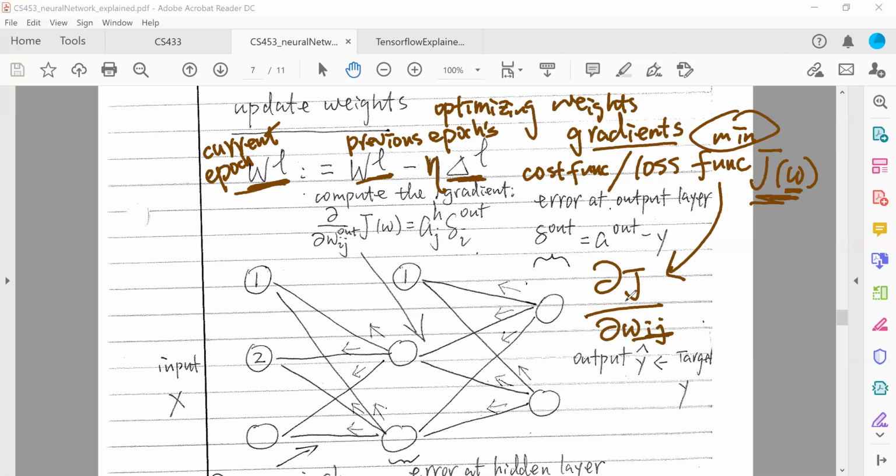If you just purely use this, because you have multiple layers, it is going to involve intermediate partial derivatives with other parameters.